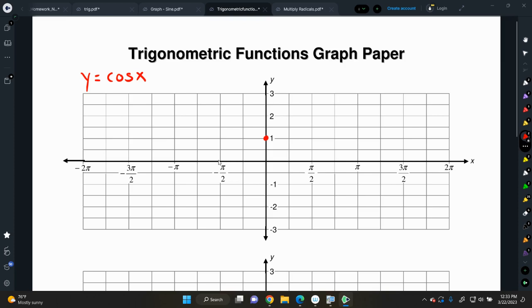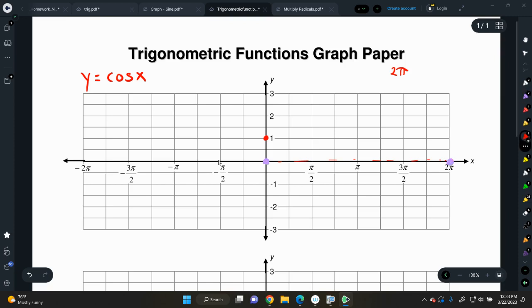It's similar to the sine function in that I'm going to start and end at the same spot, right? It has a period of 2 pi, so that means it's going to take 2 pi to finish a full cycle. Your sine curve started and ended at 0.